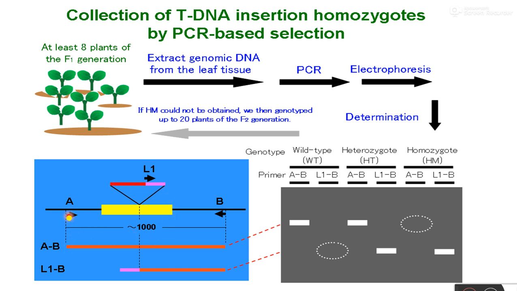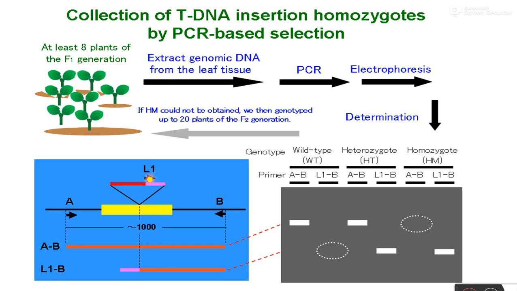So the first pair is supposed to amplify the region from A to B, which is of the size of around 100 base pairs, and the second pair of primers should amplify the region between L1 and B. Here the L1 region is generally present in the tDNA, right?